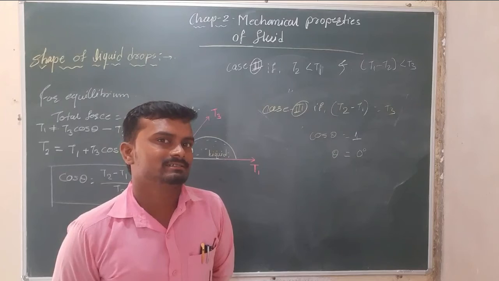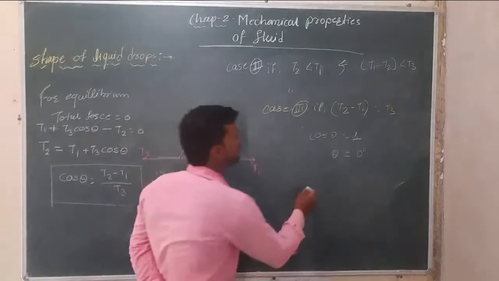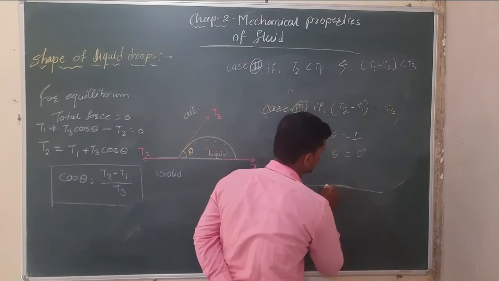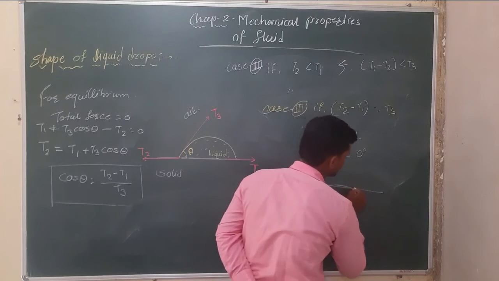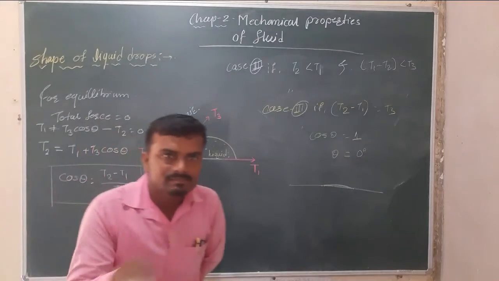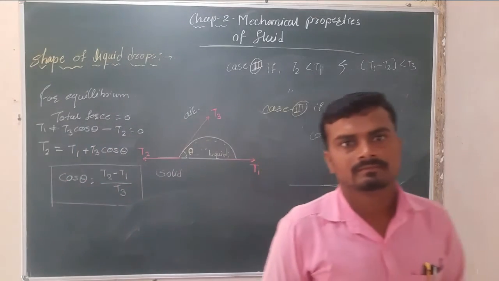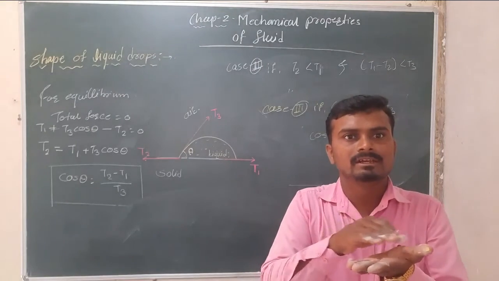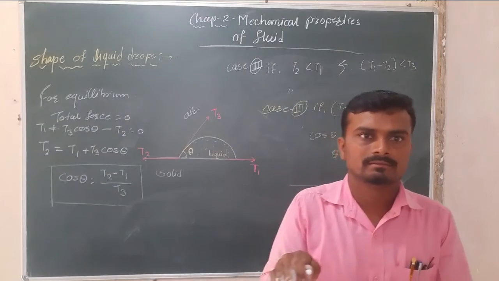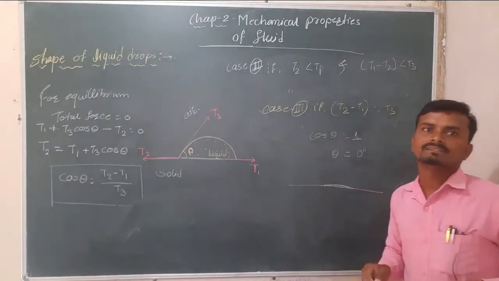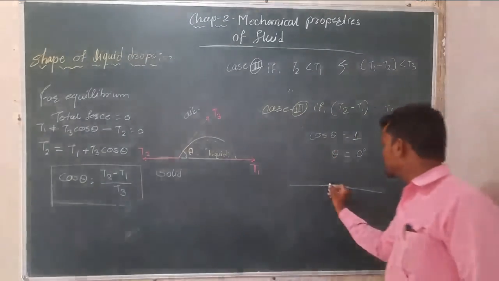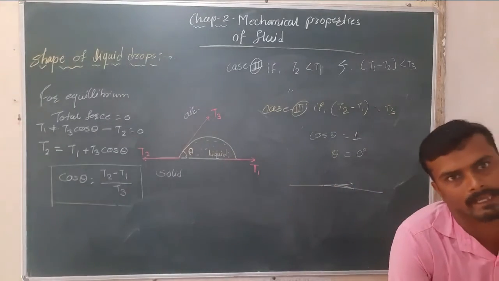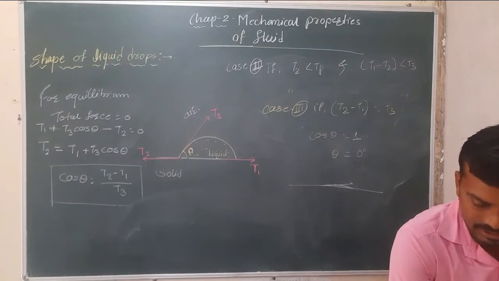In such a case, the shape of the liquid drop is like this. The drop is a little bit spread over the solid surface. The drop is formed, but it is flat. The liquid drop is very flat over the solid surface because the angle of contact is 0 degrees.